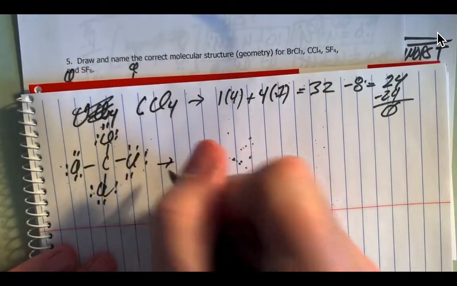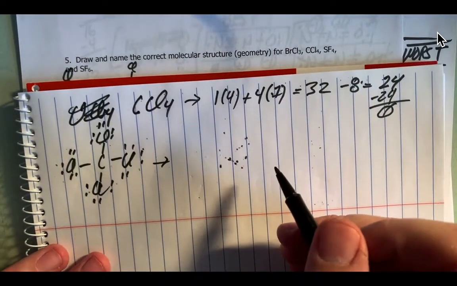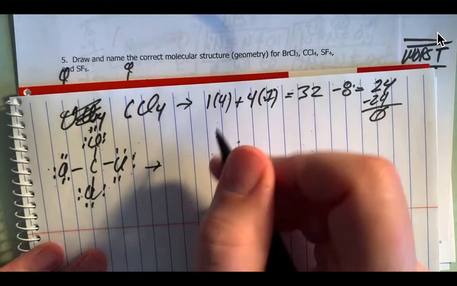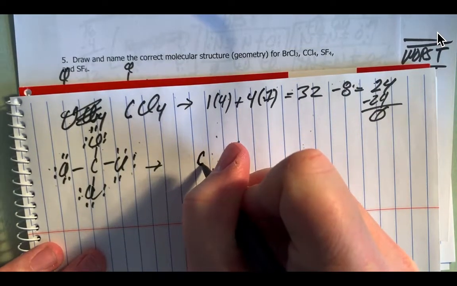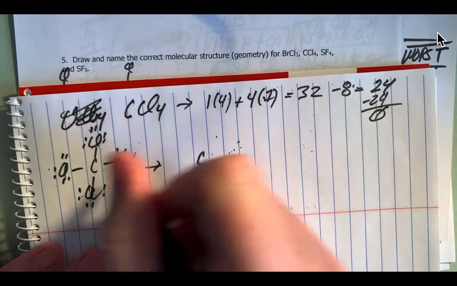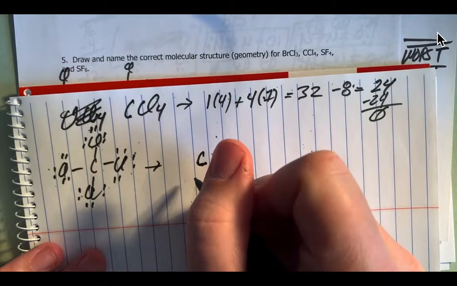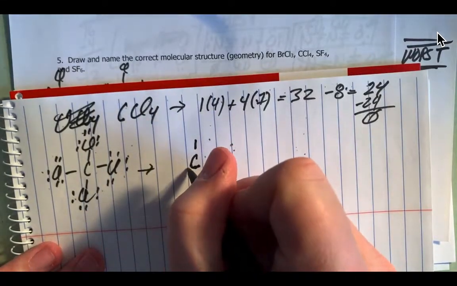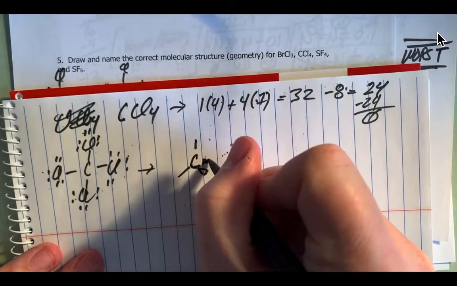So again, to get the actual structure, we only look at the bonds. We don't care about the lone pairs on the outer atoms. So put the carbon in the middle, and this is an electron domain of 4, so this gets a structure called tetrahedral.